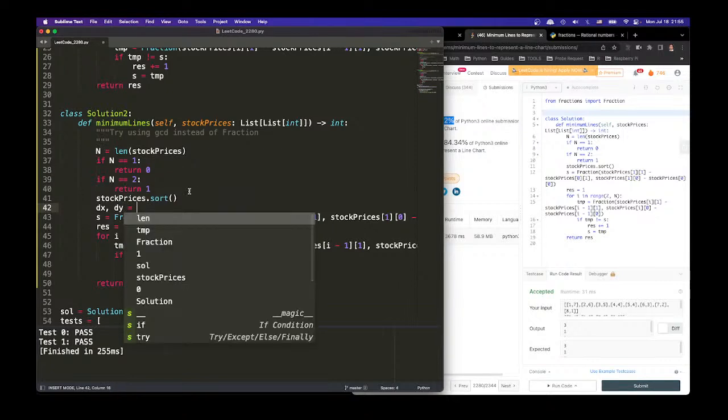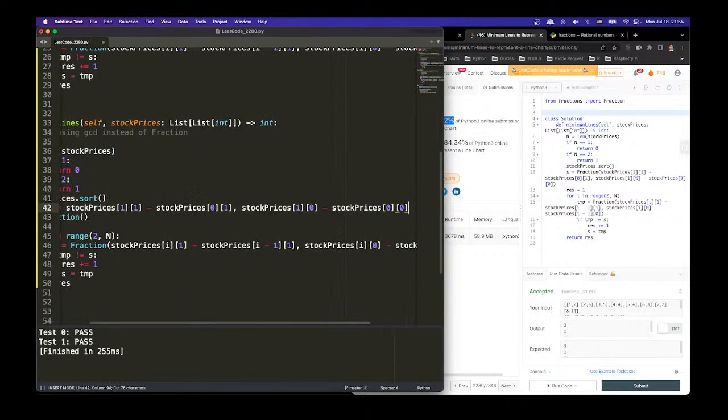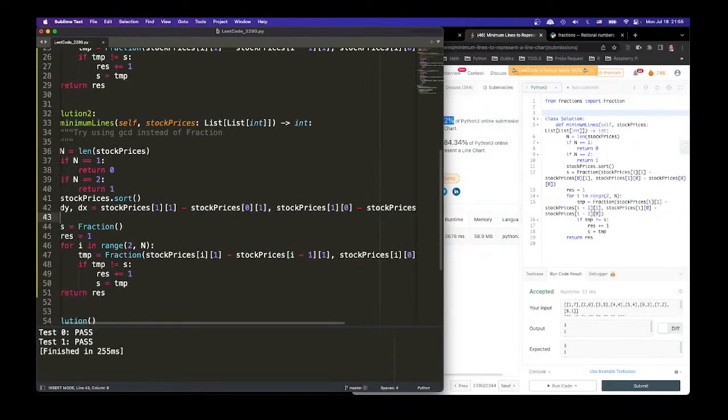Okay. Actually, it's dy, dx, and g equals gcd(dy, dx), and then s will equal dy divided by g, dx divided by g.